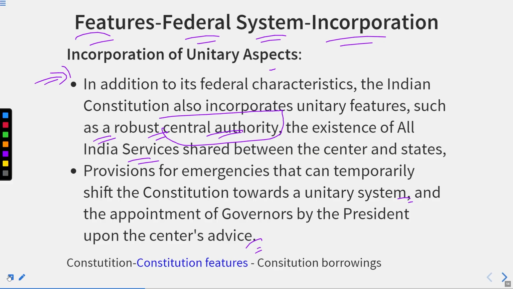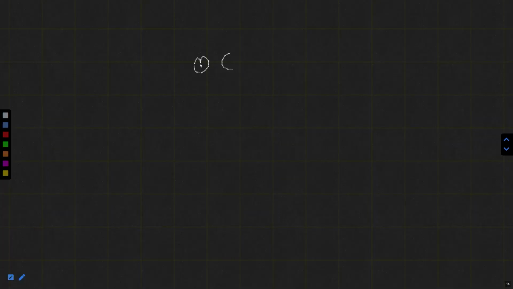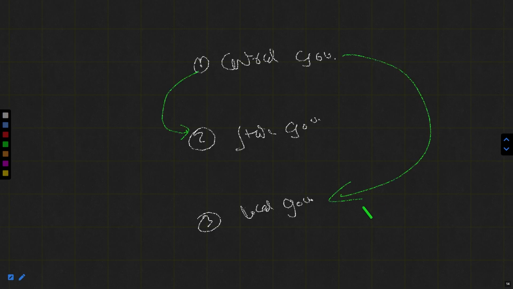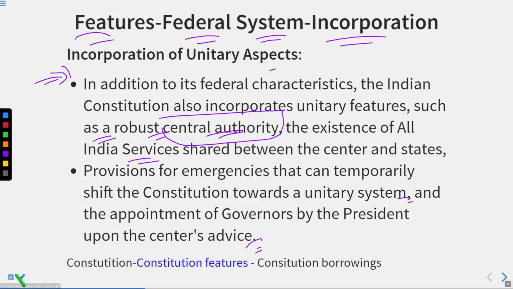Okay, so basically we have the central government, then we have the state government, and also we have the concept of local government. Okay, so basically the power has been divided among all three. Okay, but generally the Indian Constitution gives the ultimate power to the central government over the state government and the local government.